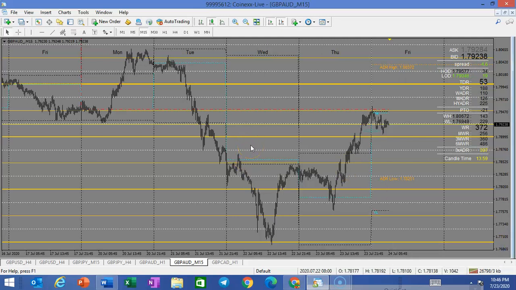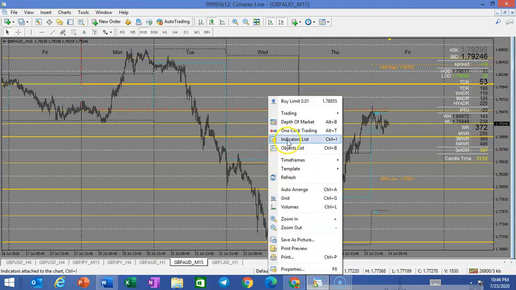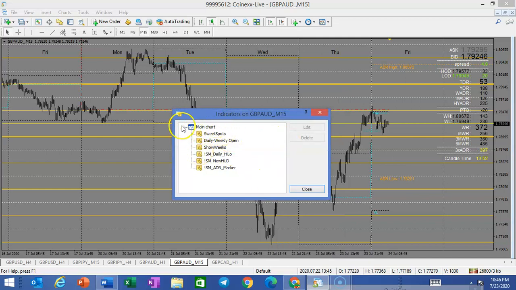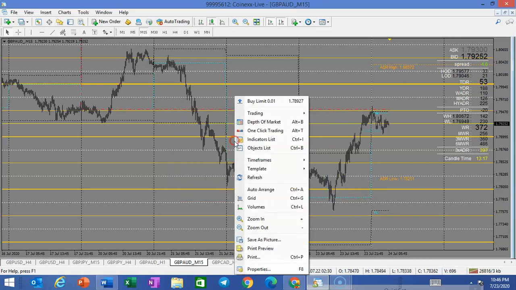So this may look a little messy and it may look like it's all over the place. However, there is a way to control your indicators. You would just right click, go to the indicator list, and this is the indicator list that I use to trade my strategy. However, if it becomes too overwhelming and too cluttered, I can delete show weeks if I know what level I'm at, and I've determined which level I'm seeking to trade to.